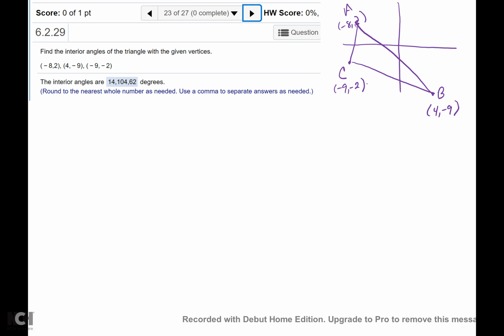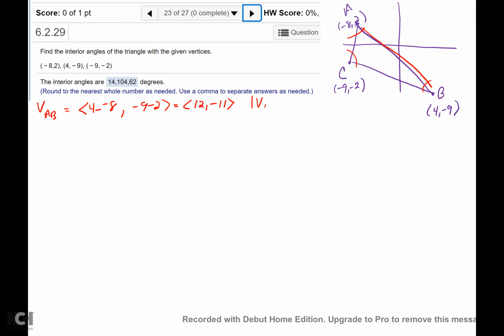So what we have to do, people, is we have to figure out all these angles. They want to know what are the measures of each of these angles. Well, if I can find the vectors, then I can find the angles between them. So if I start off finding vector AB, which is this one, we're going to do head minus tail, so 4 minus a negative 8, comma, negative 9 minus 2 gives me a vector of 12, negative 11.